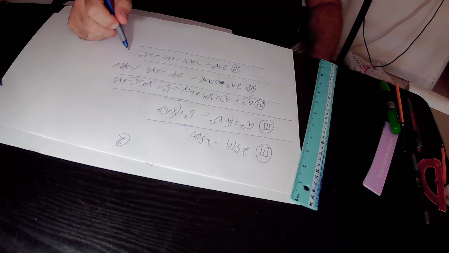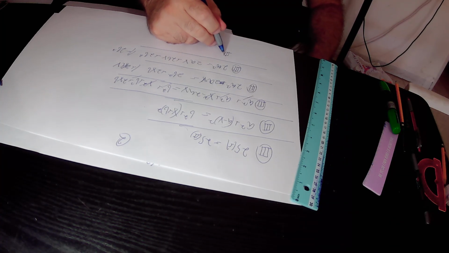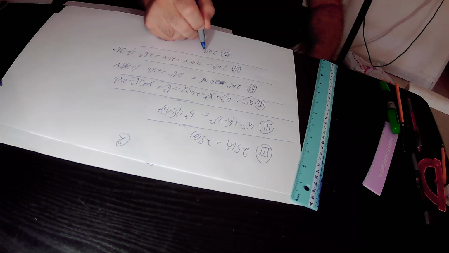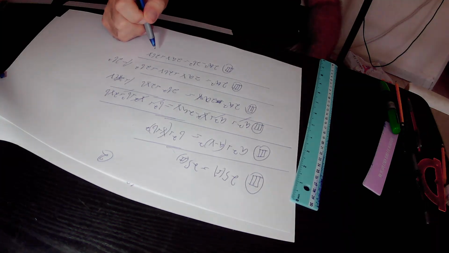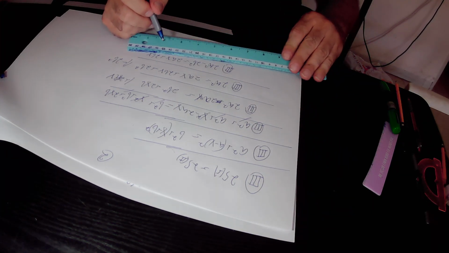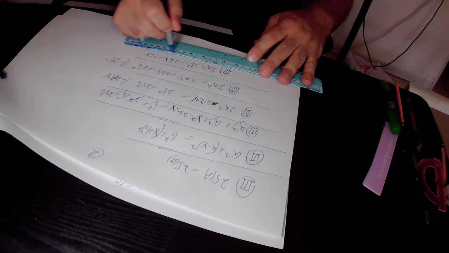Here we subtract 2b squared from this equation, and we get that 2a squared minus 2b squared equals 2ax plus 2bx. So here we divide this equation 3 by 2.